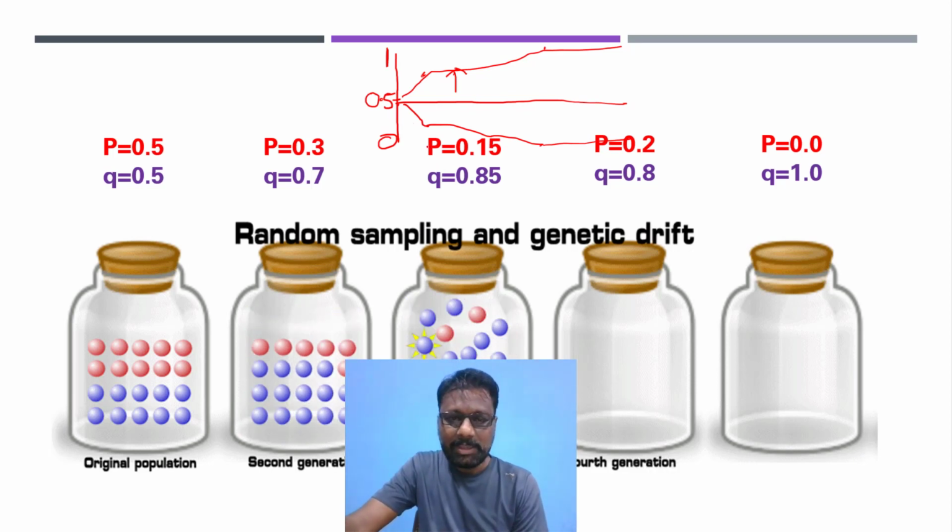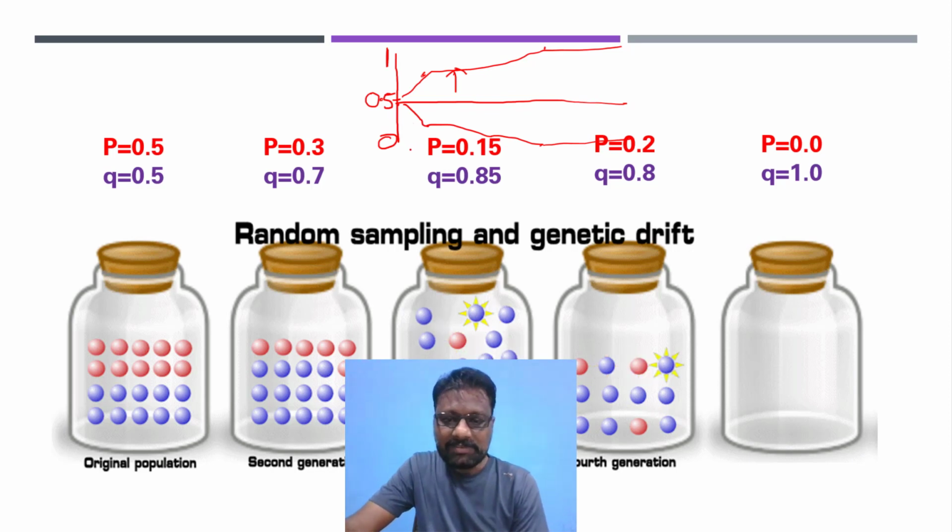In this way, when we analyze the allelic frequency, we can say that purely by chance a drift is operated.